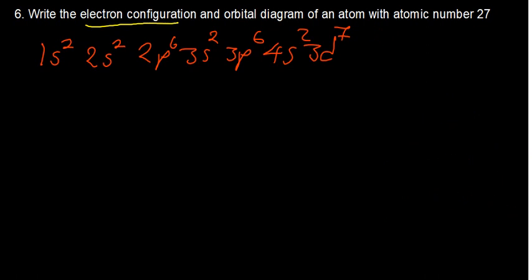Now, what will be the orbital diagram? When you are writing the orbital diagram, the first thing is we need to write the 1s orbital, which has the lowest available energy. That is the 1s there. The next one is supposed to be the 2s. From the 2s, we are going to go to the 2p.